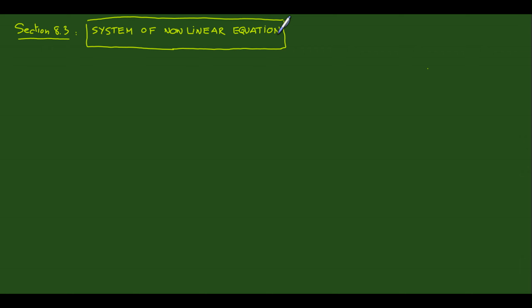We can use the naming variable method to solve systems of nonlinear equations. If I have time, I'm going to show you how to do that. If not, we just stick to the very traditional way, the substitution and elimination method. So let's start with our first example, Example 1.